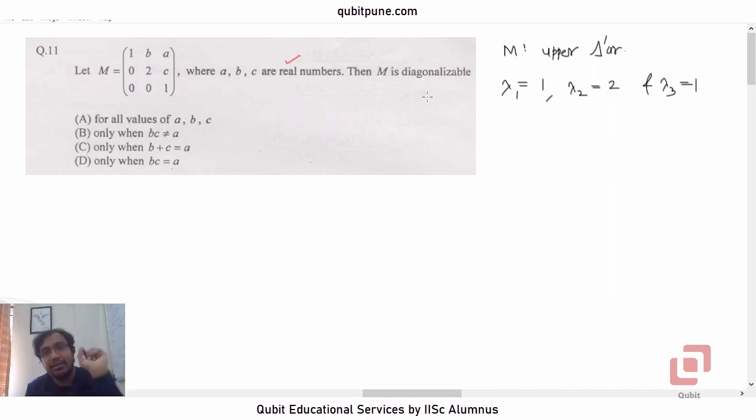When is a matrix diagonalizable? A matrix is diagonalizable if its eigenvectors corresponding to its eigenvalues, identical or distinct, are linearly independent.